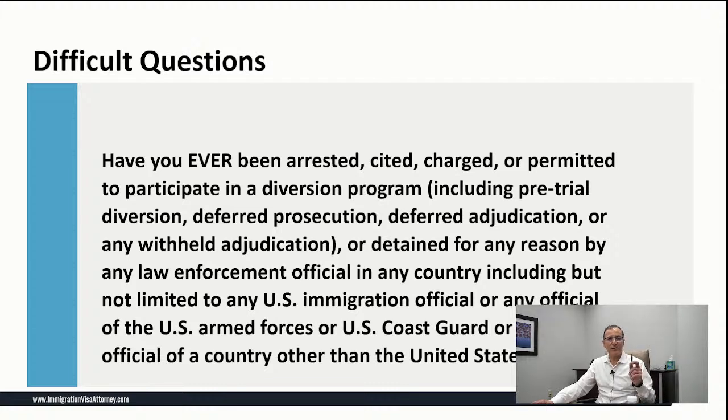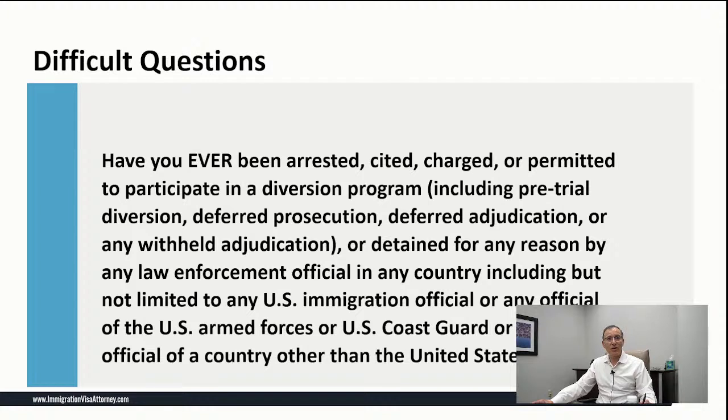So, have you ever been arrested? And I want to repeat the word cited, because the word cited also matters: have you ever been cited, ever been charged? Have you ever been permitted to participate in a diversion program?